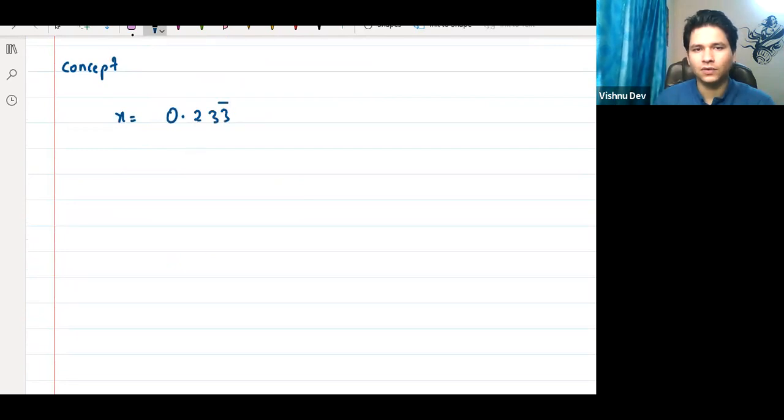Okay, or basically it is equal to 0.2 3 bar. My question is, bar is on which digit? Tell me. 3, right? Very good. How many digits are repeating here?